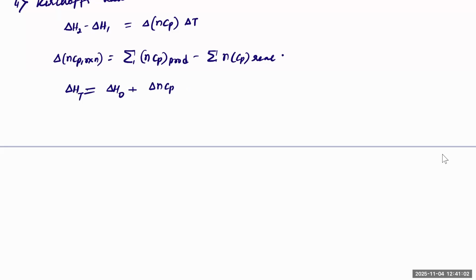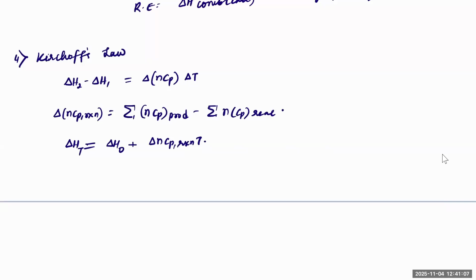So this delta Cp of the reaction into T is what we should have as delta H of T. Are you clear with that?